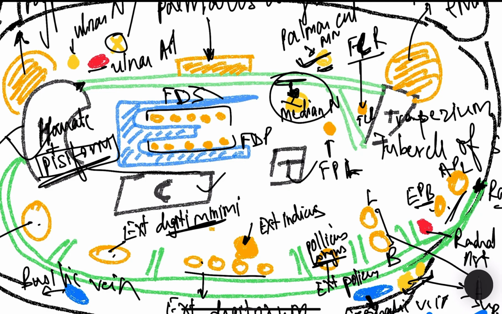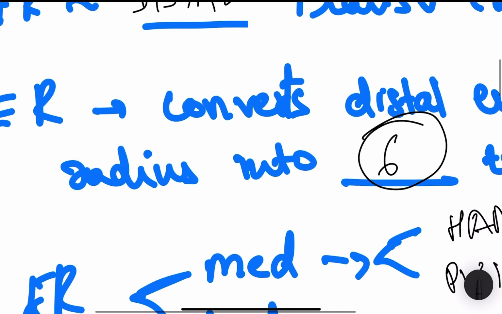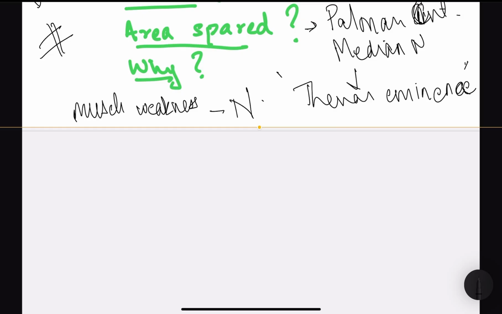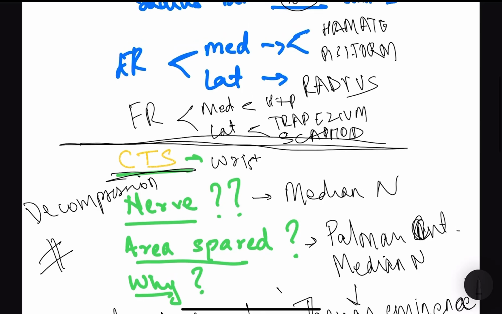So obviously you have to think that there is going to be almost nil, right, of muscle weakness. There's going to be no muscle weakness. So that is again super important. Muscle weakness, no. Why? Because they get the nerve supply much more proximally.